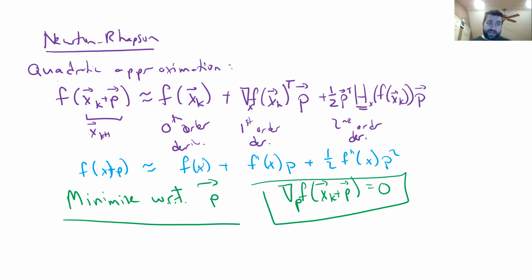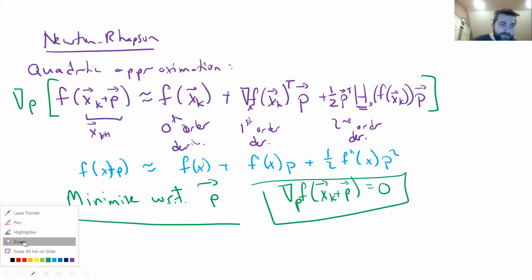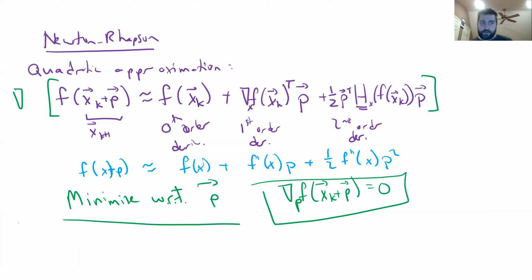And so when we take this whole expression and take the gradient with respect to P, we will end up with something much simpler. So what happens when we take the gradient of this with respect to P?